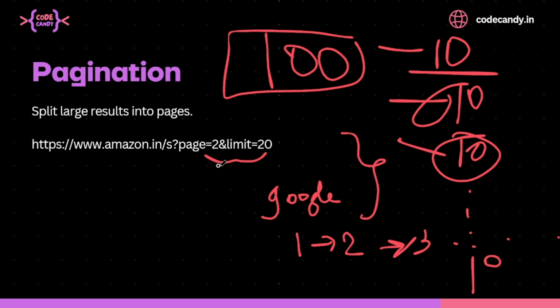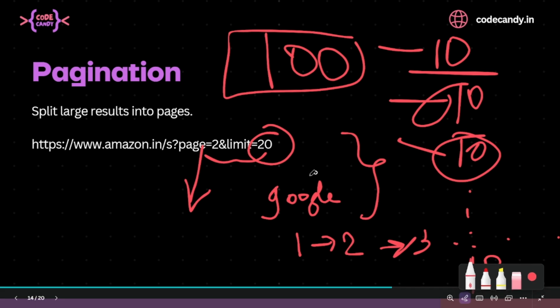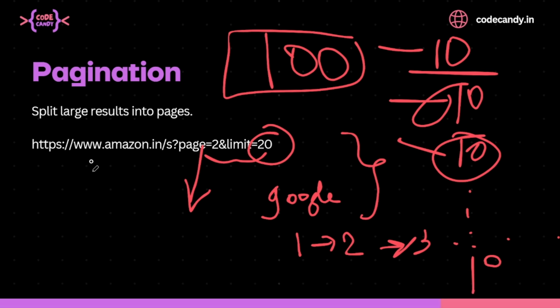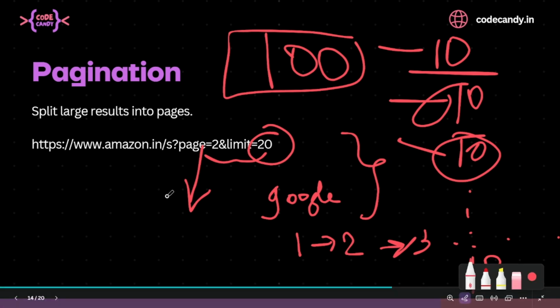So here you are telling go directly to page number 2, and on each page I have to show only 20 items. So instead of overwhelming you with hundreds of items at once, you are only seeing the page you want. Suppose in the library I have thousands of books, you can't query all the books at once.